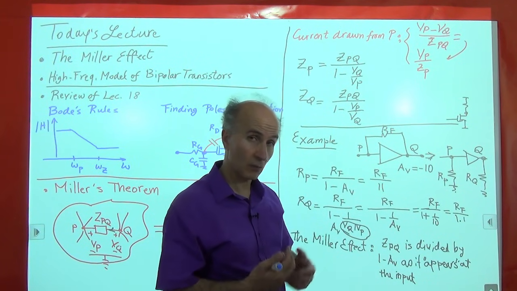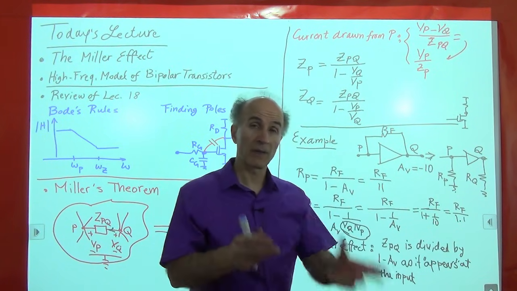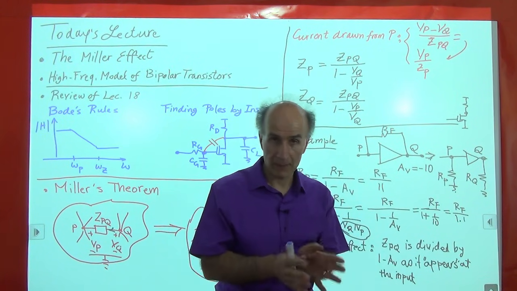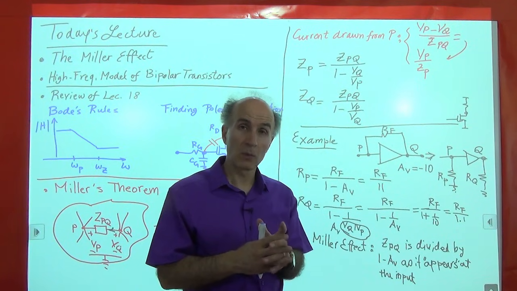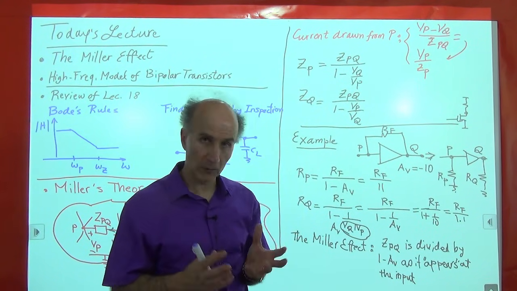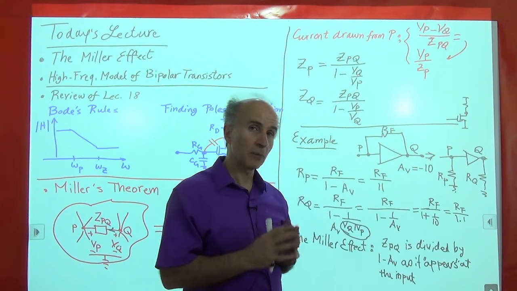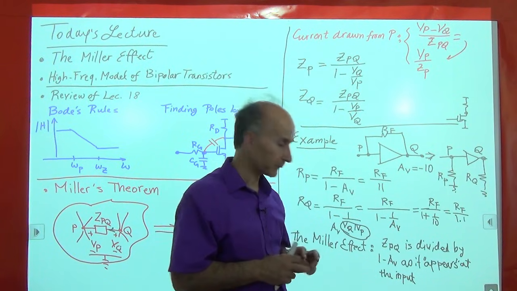So the input resistance is quite lower than even the feedback resistor. Now, whether that's a good thing or a bad thing depends on the application. In some cases, we would like to have a low input impedance. In some cases, we don't. But if we do, this is an interesting method of reducing the input impedance of a circuit.